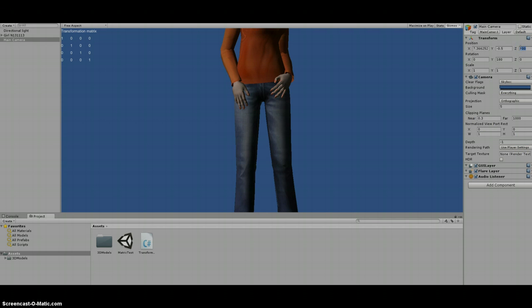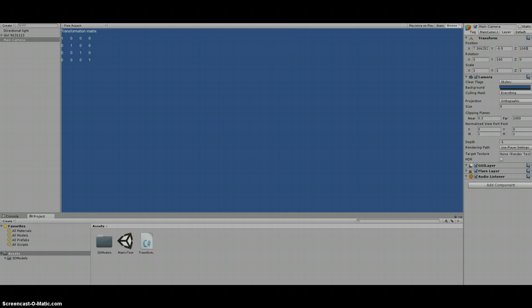If we go closer, it doesn't affect the perspective at all, and if we go farther away, it doesn't either. But as you can see, the object starts to disappear because we have reached the maximum point of this distance. The far distance is 1000, and if we go to 1005, the object is all outside of this viewing distance and it can't be displayed.